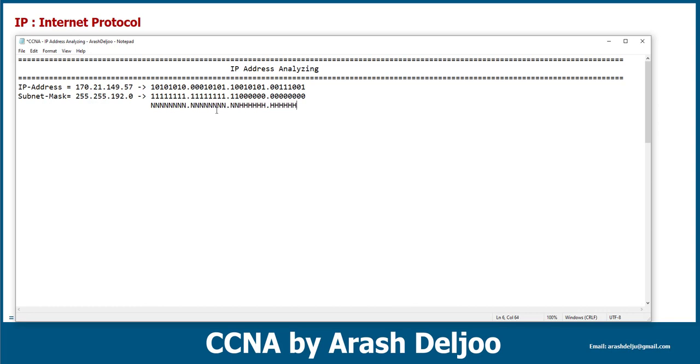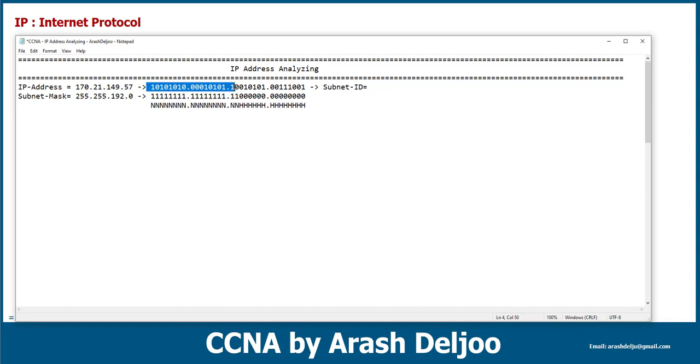Okay, that's it. Now how can we find the subnet ID or network address? Subnet ID or network address, both of them are the same. Network ID, network address, subnet ID, all of them are the same. You can use 0 instead of the host bits to find the subnet ID. Let me write here.